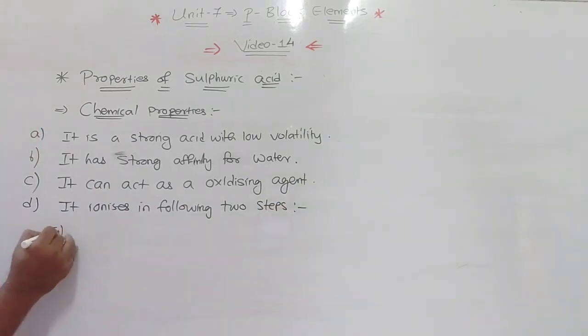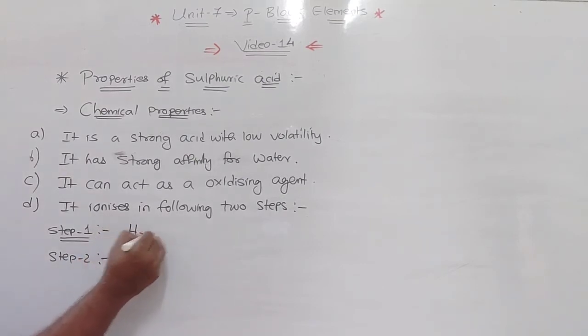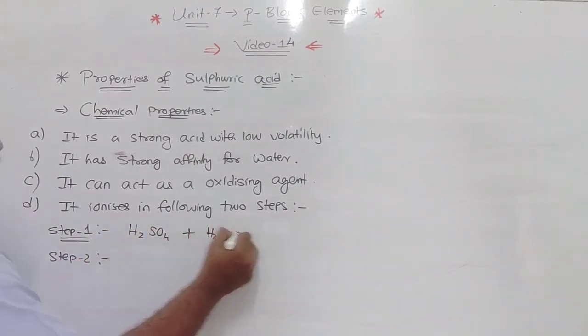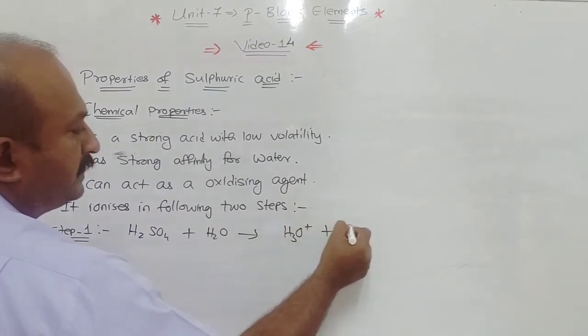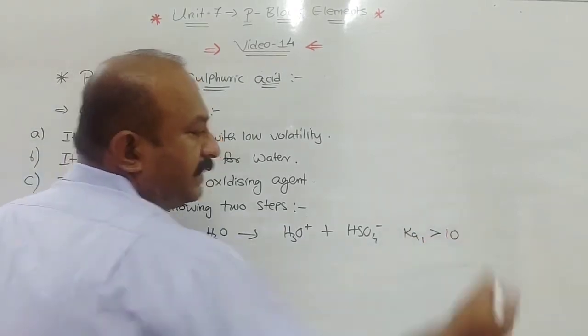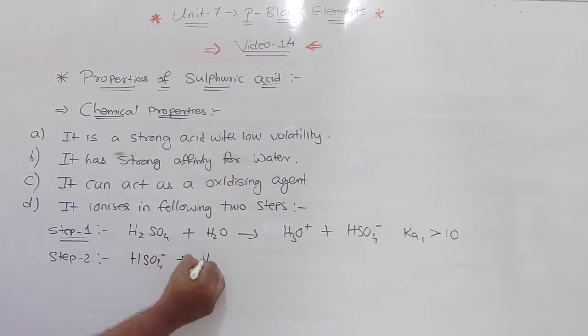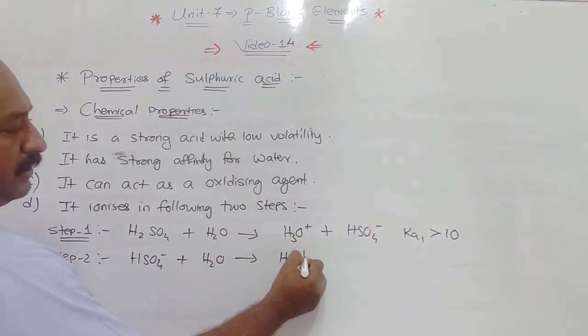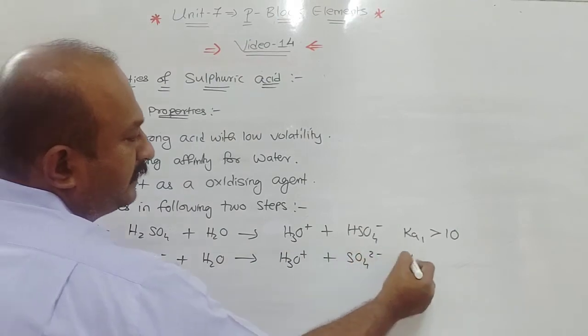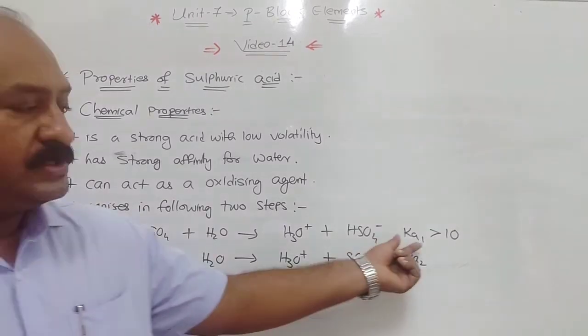In step 1, one hydrogen is liberated, and in step 2 another hydrogen. So we write H2SO4 plus H2O gives H3O plus and HSO4 minus. Here Ka1 is greater than 10. Then in the second step, HSO4 minus plus H2O gives H3O plus and SO4 2 minus, that is Ka2, the acid dissociation constant.